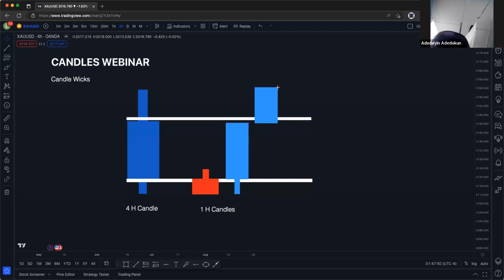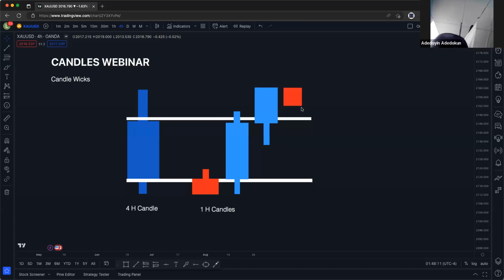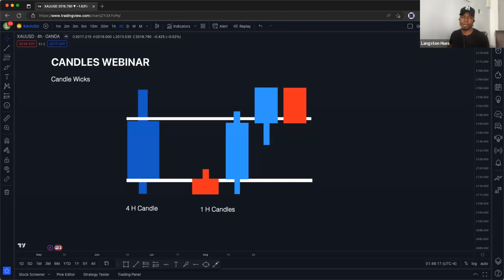This is our third candle, forming this bottom wick here. And then the 4th candle drove back down into the range. It closed into the range, right? So these are 1-hour candles.